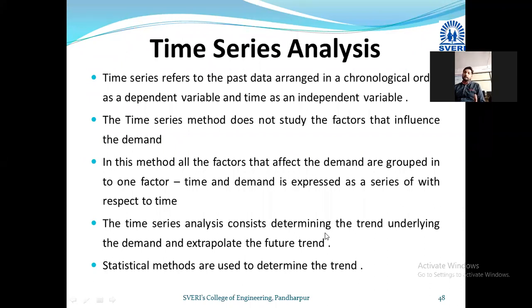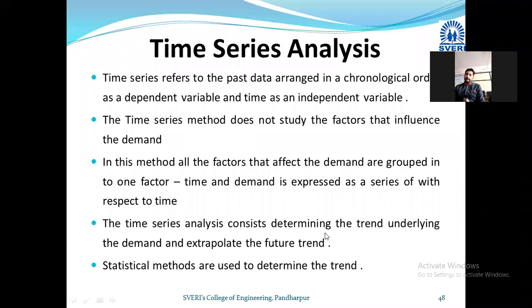That will be easily determined by using the trend of a product in the market. And how to calculate? Simple mathematical techniques or statistical methods are used to determine the trend. So this is the quantitative method to perform the forecasting of the product. This time series analysis is segregated into 4 different parts.